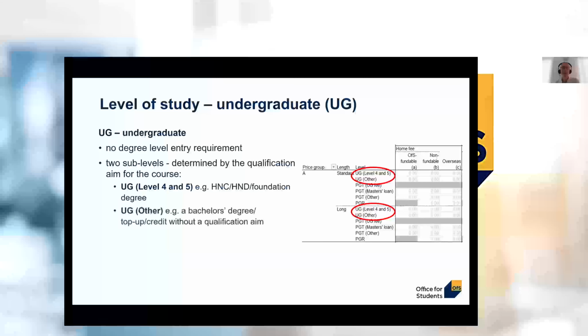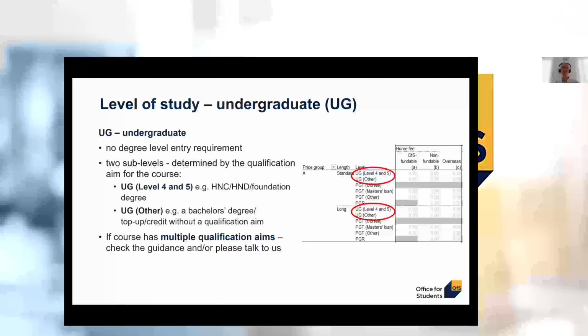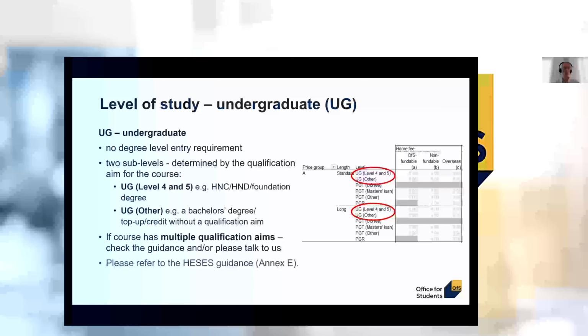And then UG Other is your typical bachelor's degree or top-up credit or credit without a qualification aim. So if a course has multiple qualification aims, which some do, check the guidance and or please talk to us. And you can find details in Annex E of the guidance.